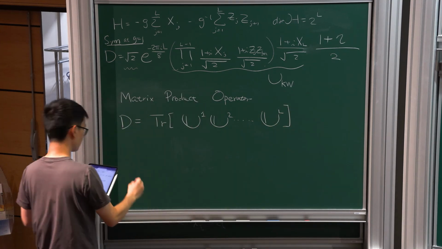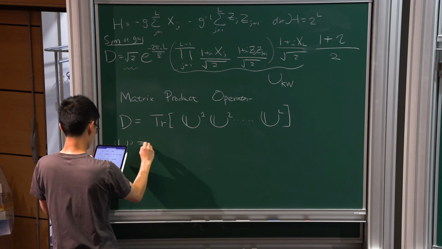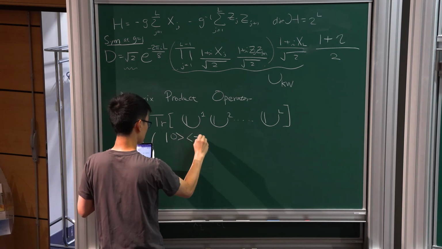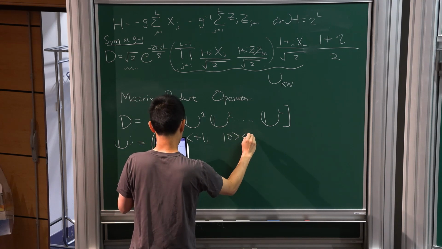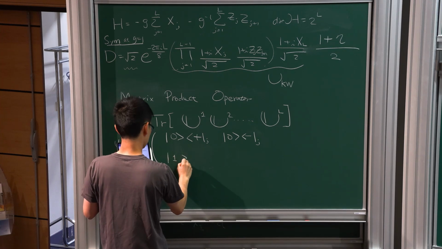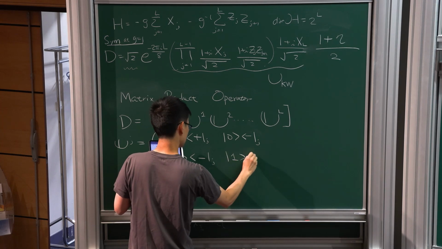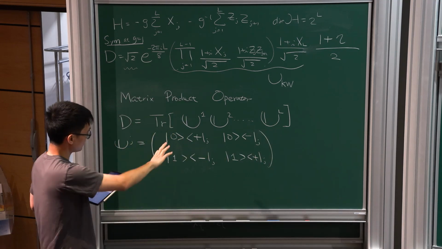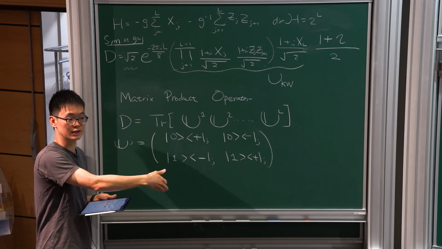Okay, so I have to define the ingredient here. This U, this blackboard font U_J, is this. Let me remind you that 0 and 1 are the eigenbases for the Pauli Z operator.